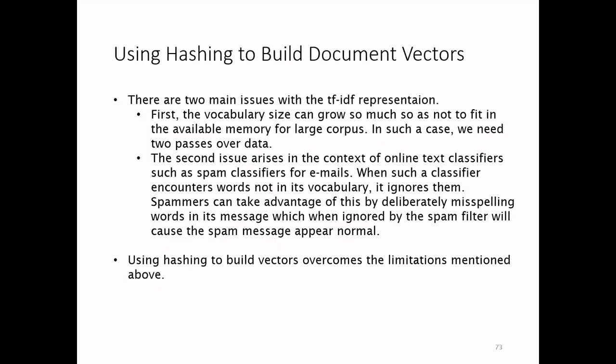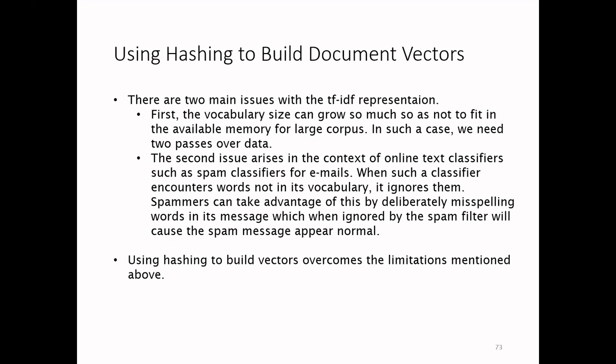Other thing we want to look at, and I'm briefly mentioning here, and then we'll come to an example where you can read in more detail and see things in more detail. There are two issues with the representation of documents that we have discussed so far, which is using words and then assigning words TF-IDF weights. All right.